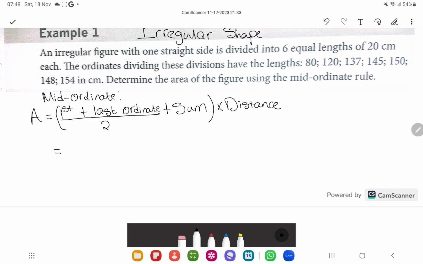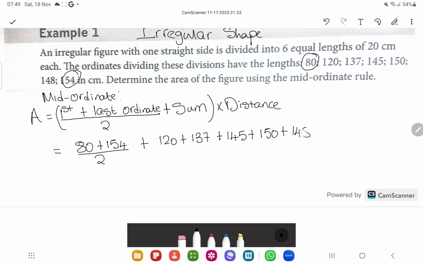So the first one here is 80, then the last one is 154, so 80 plus 154 divided by 2, plus, which means we have taken these 2, you don't repeat them in the question, then that will be 120 plus 137 plus 145 plus 150 plus 148.